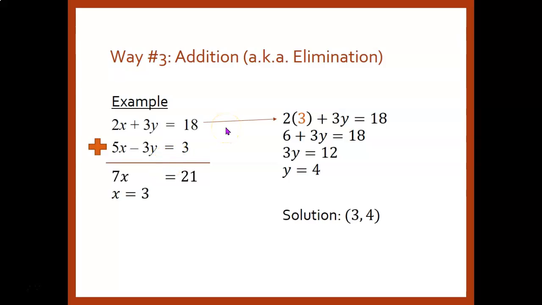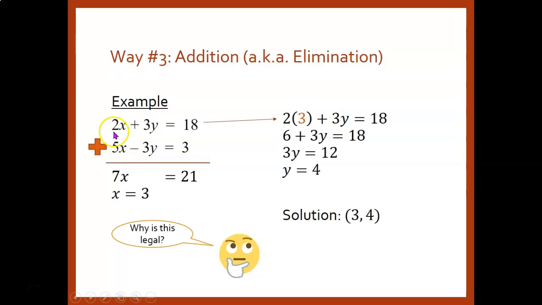Okay, now looking at this, first time you see something like this, there's a couple questions you might have. One thing you might wonder about is, well, are we really allowed to add equations together like this? Why is this legal? Well, we are allowed to add the same number to both sides of an equation. We do that all the time when we're solving equations. You can add the same thing to both sides.